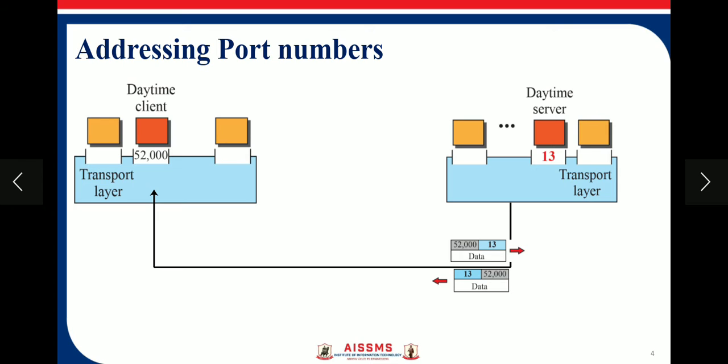The server process must also define itself with a port number. This port number, however, cannot be chosen randomly. If the computer at the server site runs a server process and assigns a random number as the port number, the process at the client site that wants to access the server and use its services will not know the port number.